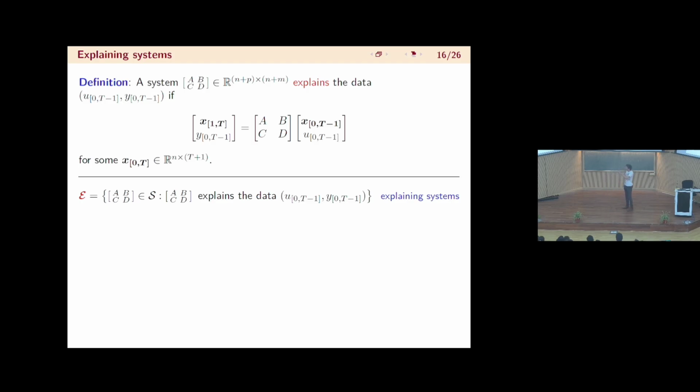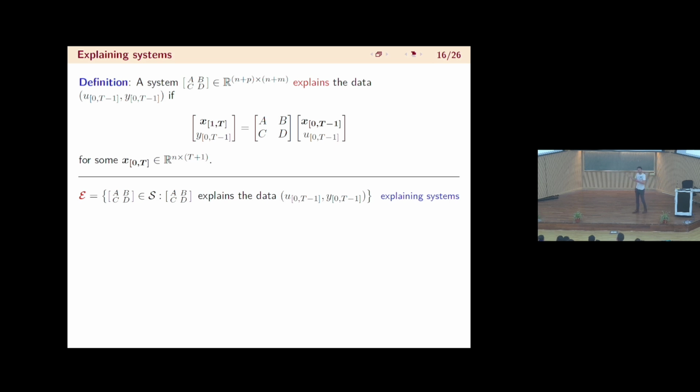By the set E, I denote all systems that are explaining the data. So these are all A, B, C, D in S, for which A, B, C, D explains the data U, Y. So these are all systems consistent with the data.